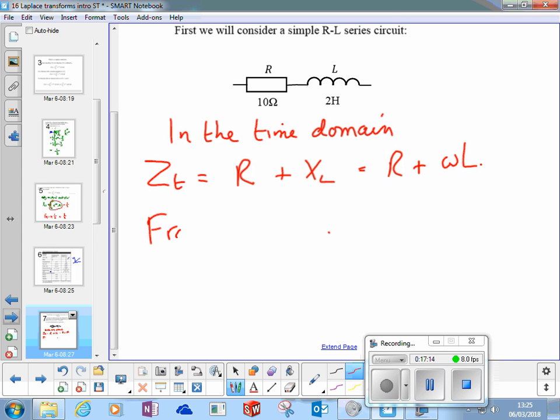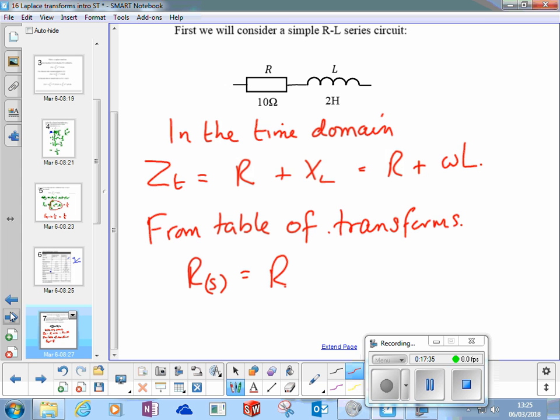From the table of transforms, the resistor in S space is equal to R, and the C in the S space is equal to 1 over, oh hang on, we've not got C, have we?